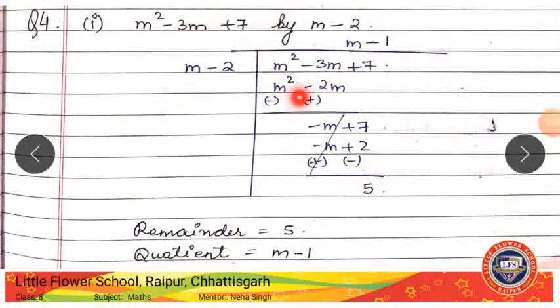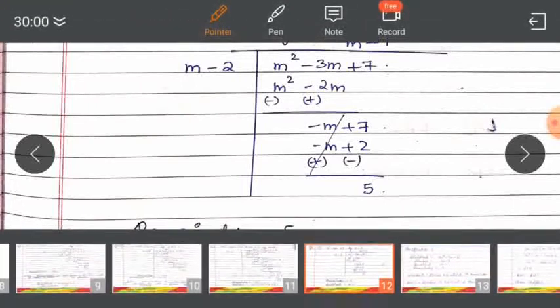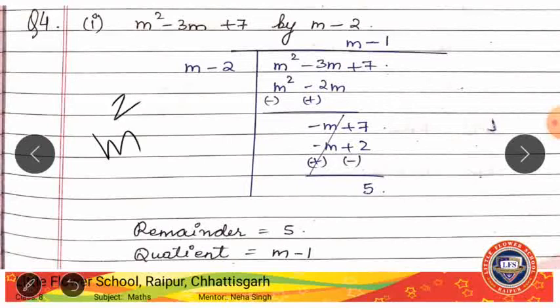See, this m square will be divided by m. The first term of the dividend will be divided by the first term of the divisor, right? Then you get m square upon m. One m gets cancelled, you're getting m.